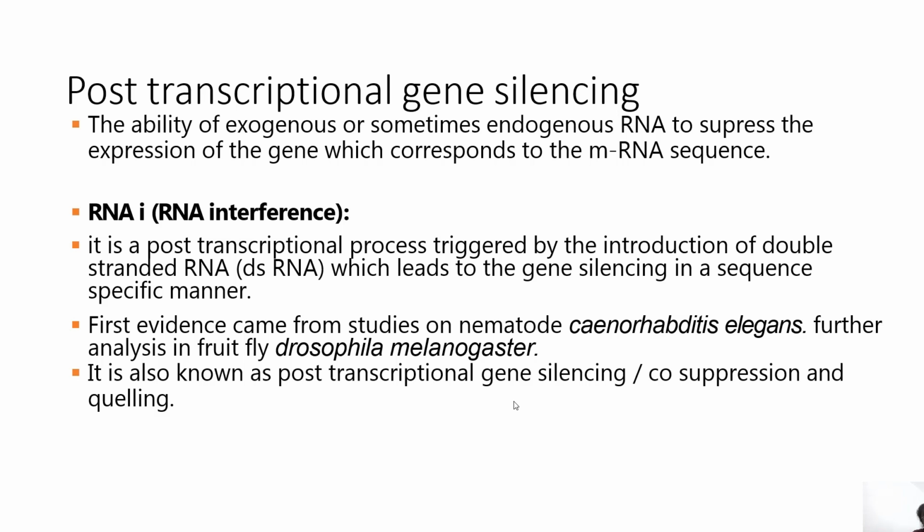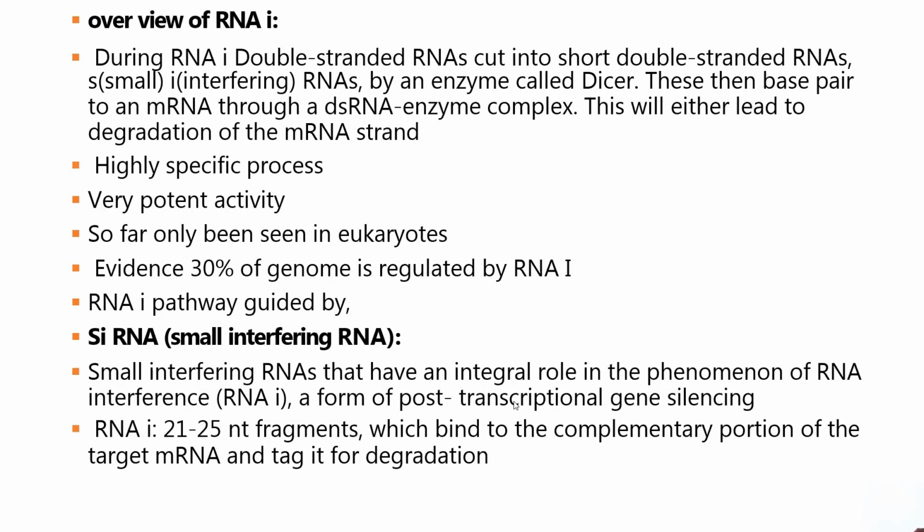A single base pair difference between the siRNA template and the target mRNA is enough to block the process. Each strand of siRNA has a 5' phosphate terminus, a 3' hydroxyl terminus, and 2-nucleotide 3' overhangs.